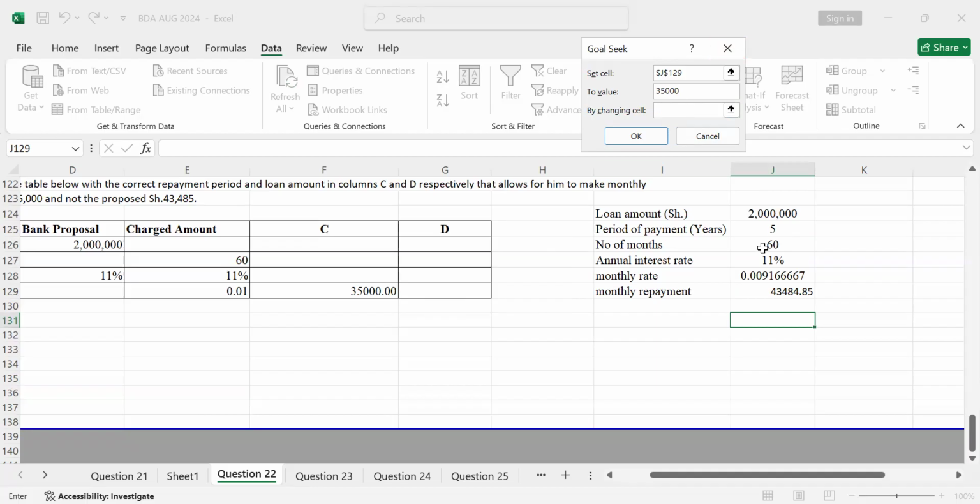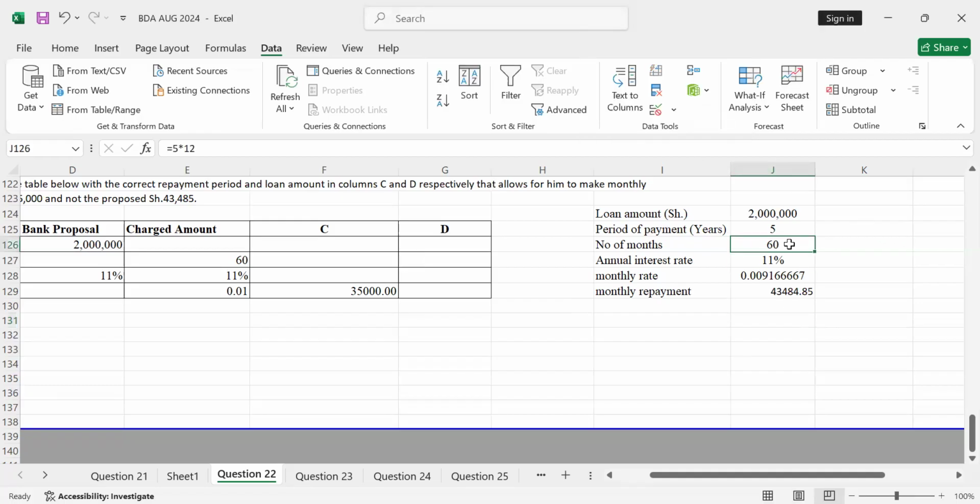And what I want to be changing is the period. Oh, this is not a value. Let me put this into 60. Should be 60. Let me not use a formula. So don't use the formula there.